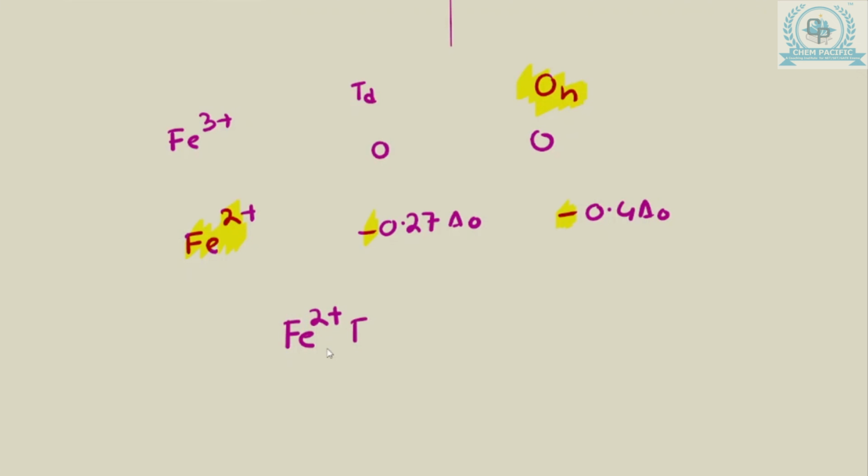octahedral field. Okay, so the formula will be this. This will occupy the octahedral field, and half of the Fe3+ will come outside, into the tetrahedral field. This is the type of configuration.